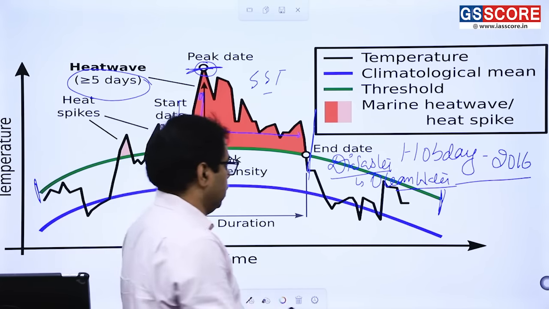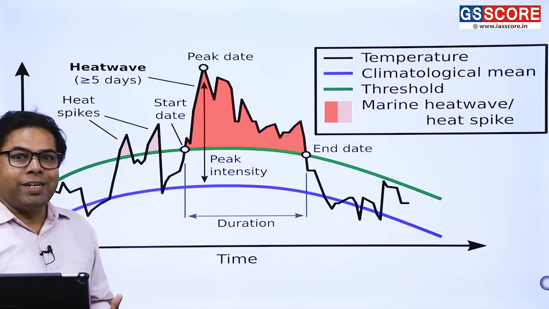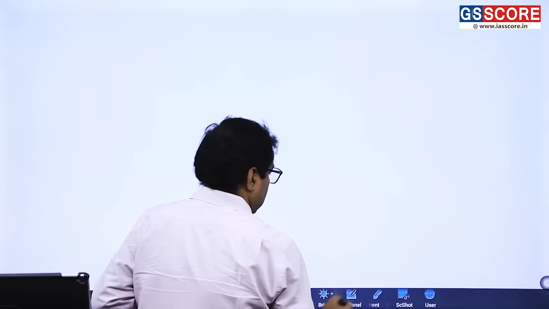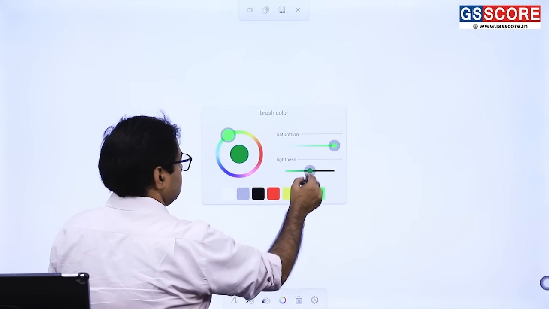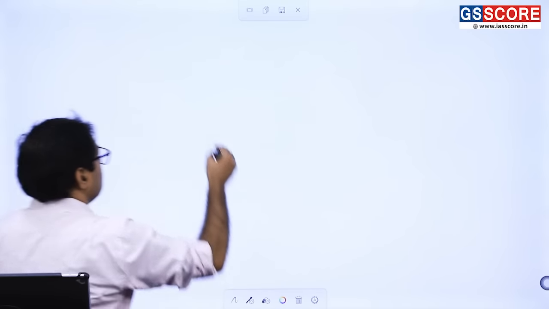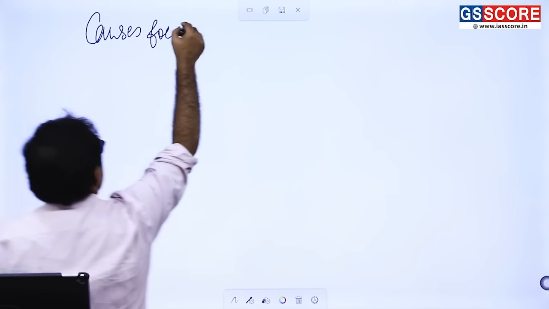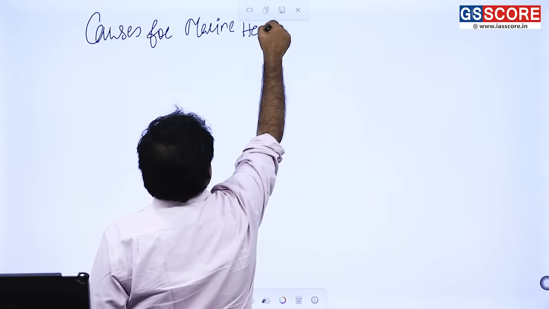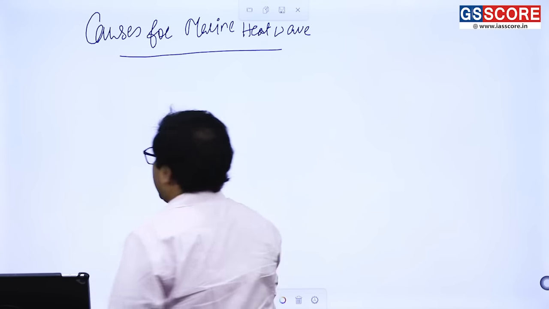Next, let's take what causes are responsible for the heat wave, or more precisely the marine heat wave. Causes for marine heat wave.